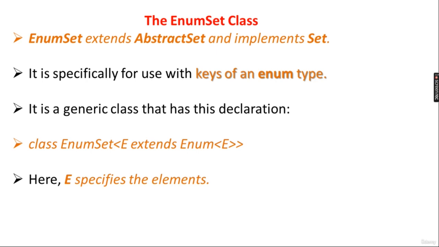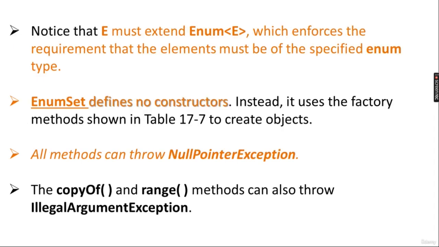So it extends AbstractSet and implements Set. It is specifically with keys of enum type, and a generic class with declaration class EnumSet<E extends Enum<E>>, where E specifies the elements. Okay. E must extend Enum<E>, which enforces the requirement that the elements must be of the specified enum type.